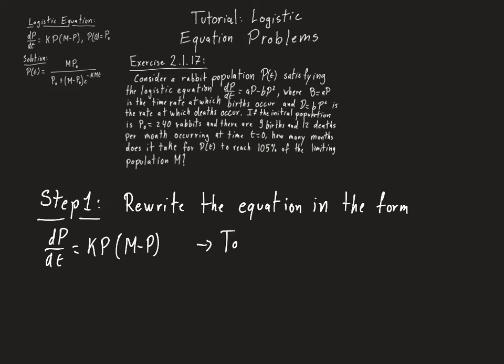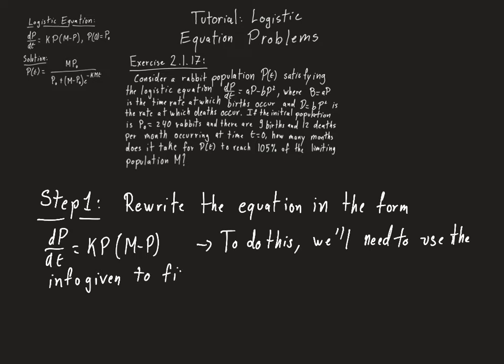Now to do this, we'll need to use the info given to find the values of lowercase a and of lowercase b. All right, that's going to be our step 1.